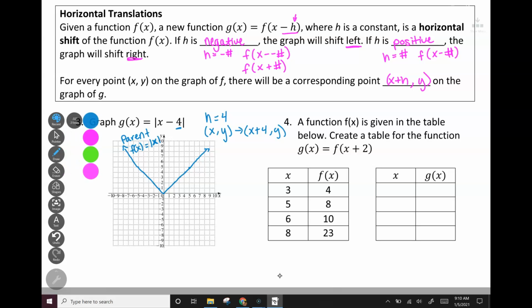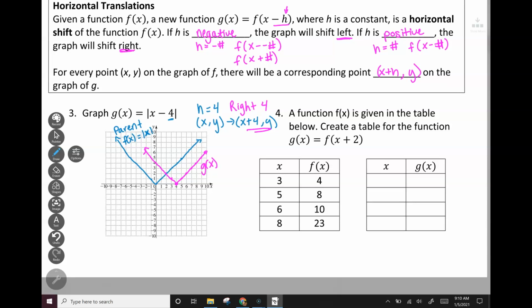So each of my x values I'm going to take and just add 4. We also know that this should shift our graph to the right 4. All right, so adding 4 here, there's my new point. And then my slope should be positive 1 still on the right and negative 1 still on the left. And there's the graph of g of x.